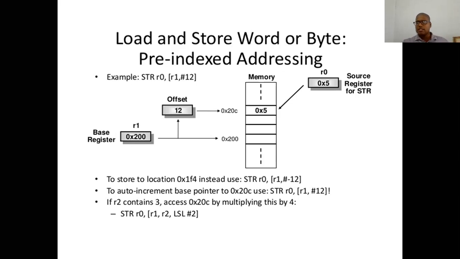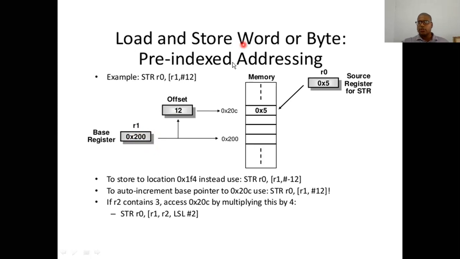So the first thing we need to do is add the contents of the r1 register with the value 12, because hash indicates an immediate value. For example, let us assume that the value contained in r1 is 200.